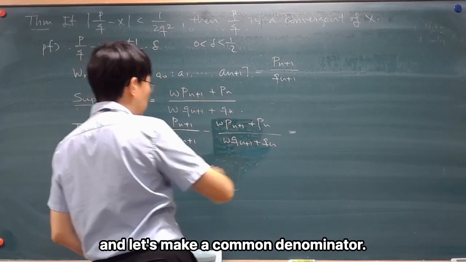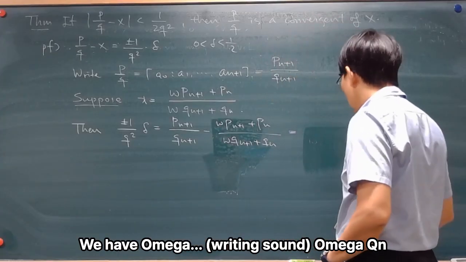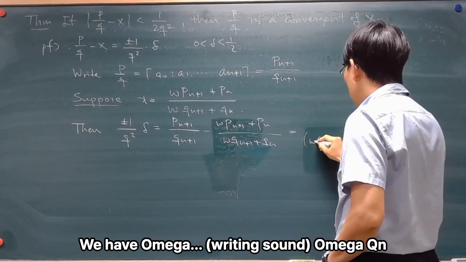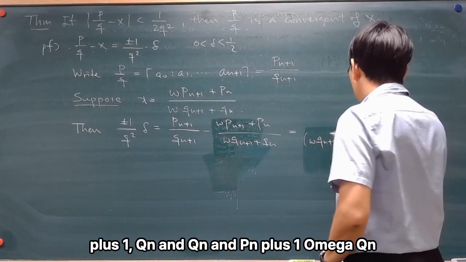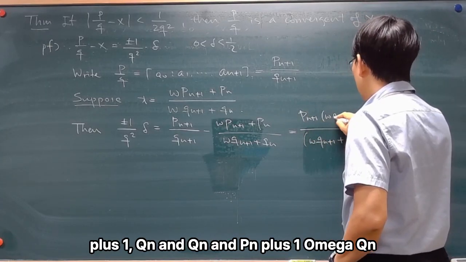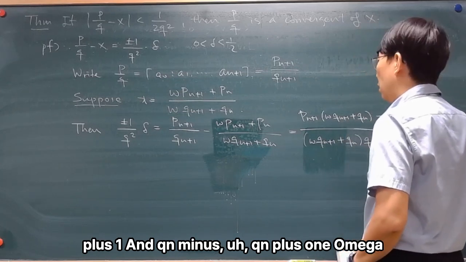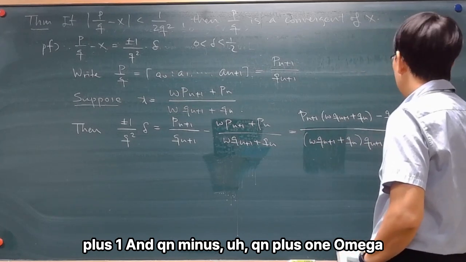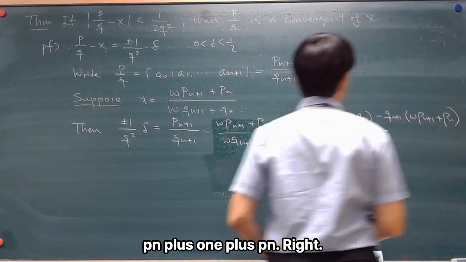And let's make a common denominator. We have omega Q_{n+1} plus Q_n, and P_{n+1} times omega Q_{n+1} plus Q_n, minus Q_{n+1} times omega P_{n+1} plus P_n, right?